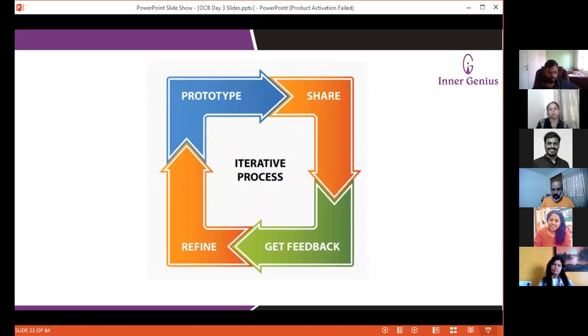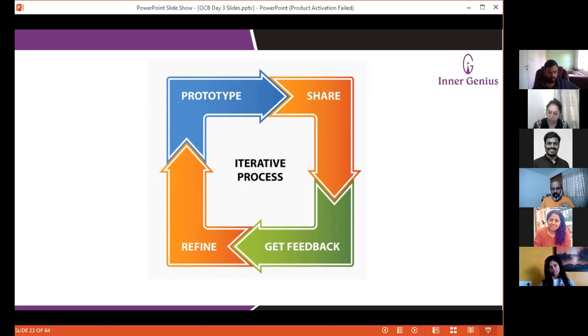So how do we do that? It becomes an iterative process. This is what piloting is all about. You create a prototype. You start with a hypothesis, as in the scientific method. This is a very scientific approach that we are taking. In the scientific world you experiment; here also you experiment, by sharing. When you share, people will give you feedback, then you come back and refine it.